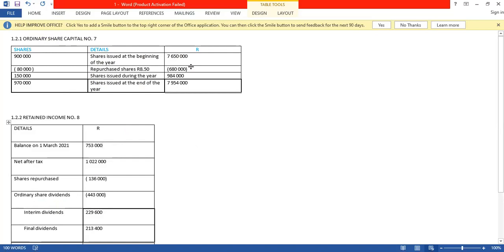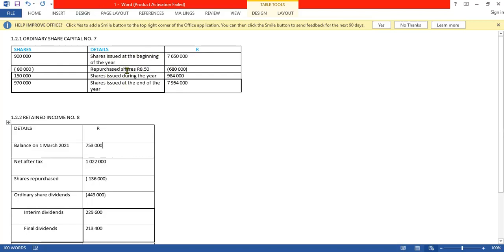I said, when you want your price per share, you just say your total cost, then you divide by your number of shares. Meaning, if we were not given this one, we're just going to say 7,650,000 divided by 900,000. Simple as that. Then whatever we get, which is 8 Rand 50 cents, is going to be our average share price.